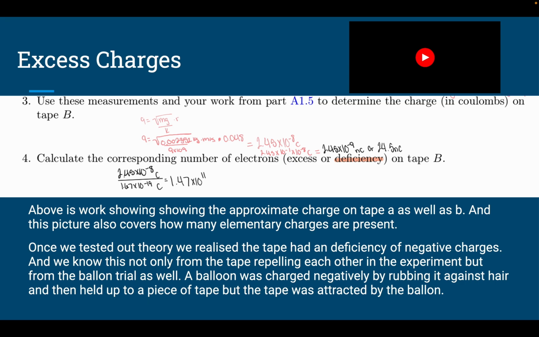But even if we assume that the tape would be neutral, and if we held it up to a charged balloon, the balloon would polarize the tape and it still would be attracted to the balloon.